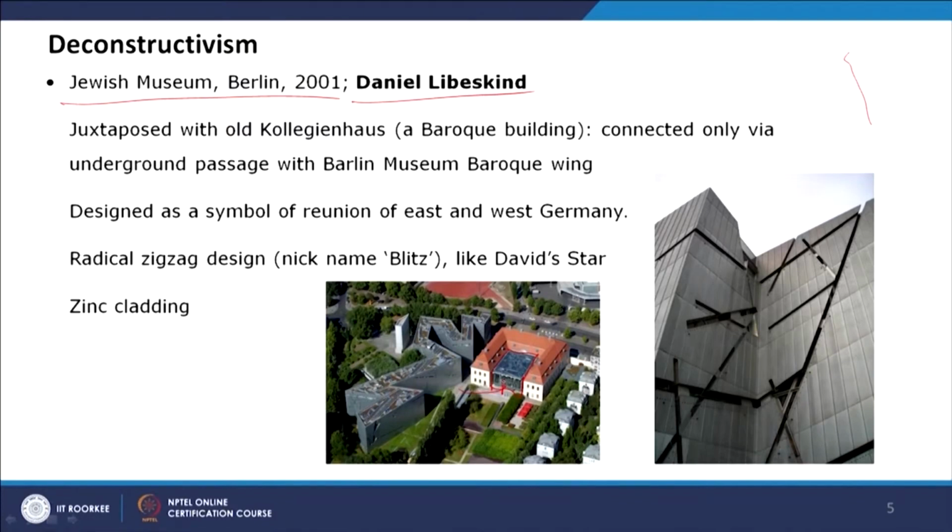A similar thing happened with the Louvre Museum, when I. M. Pei designed the glass pyramid in front of the old historic building, and most of Pei's design of the Louvre was underground, below the plaza in front of the old Louvre.